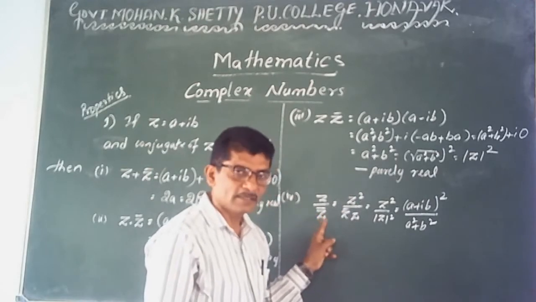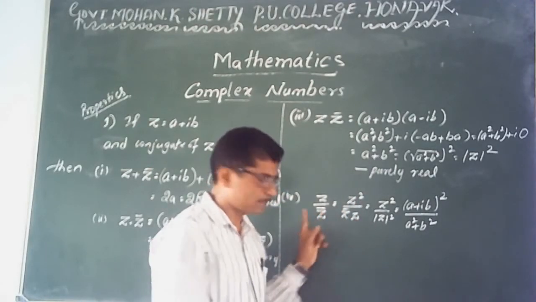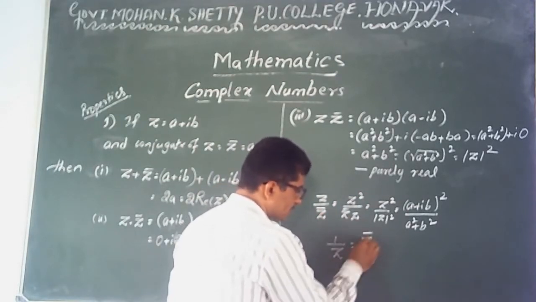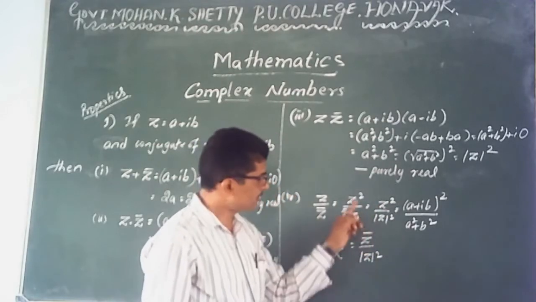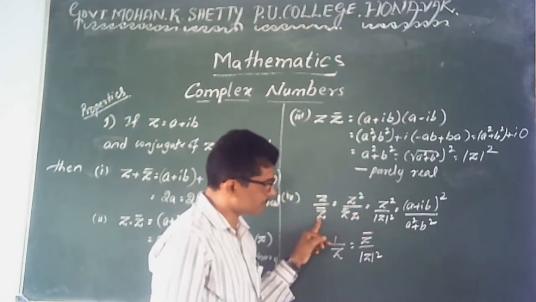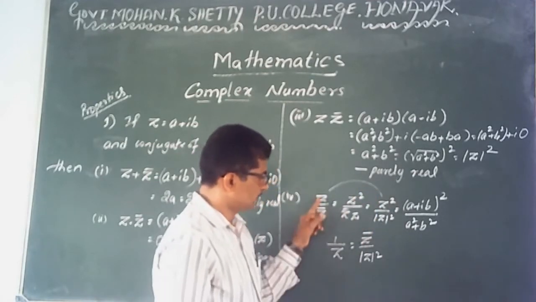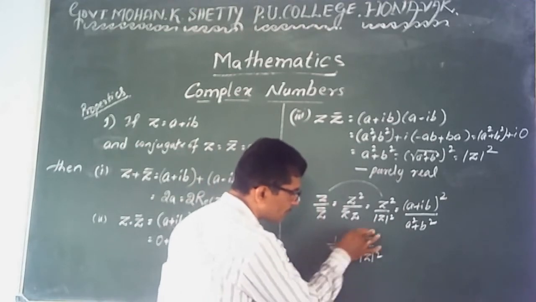It is the multiplicative inverse of z bar. What is the multiplicative inverse of z? 1 by z. 1 by z can be written as z bar divided by modulus of z whole square. You write directly. Otherwise, multiply and divide by the conjugate of this number. Here, what is z bar? z bar bar is z.